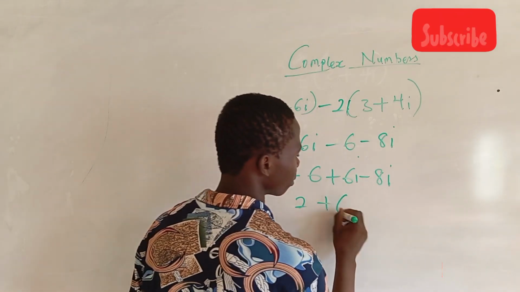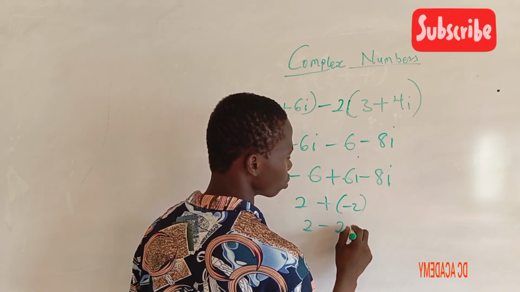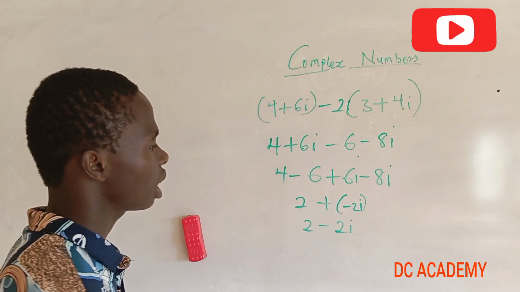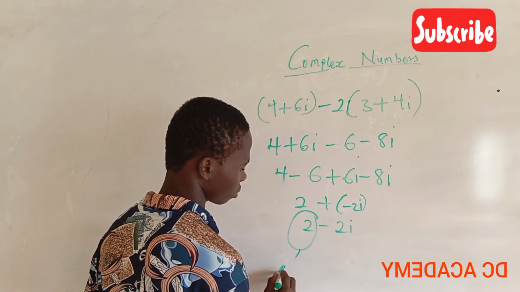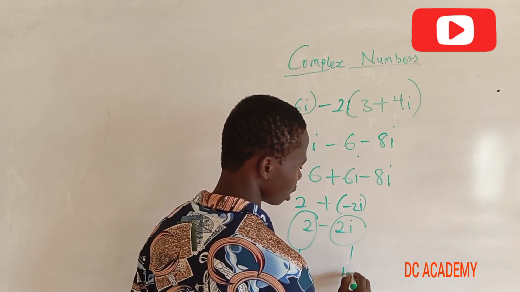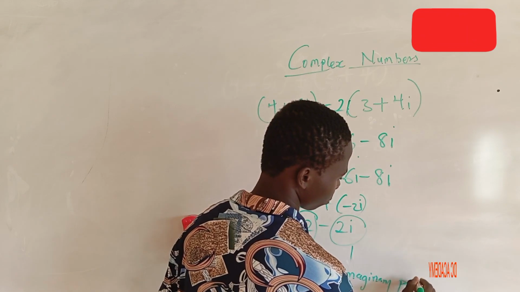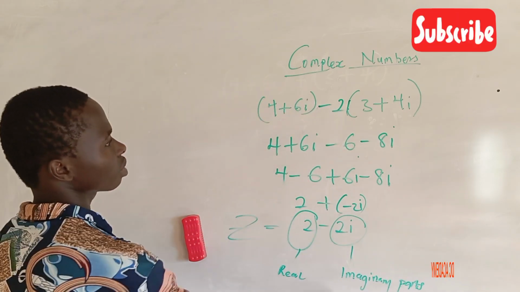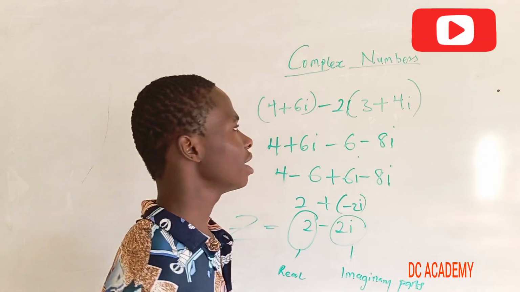So you can see inside that is what? 2 minus 2i. And at this point, this is the real part, while this is the imaginary part. So this is the answer.